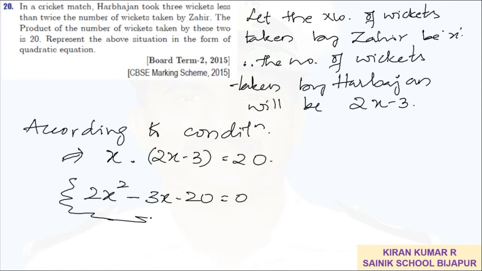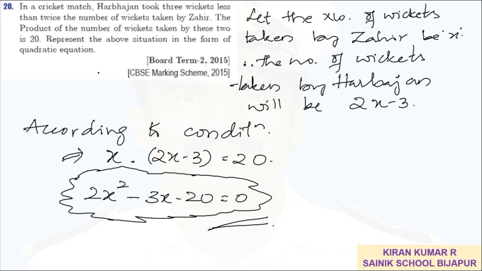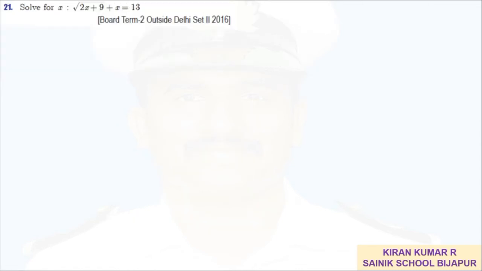To obtain the quadratic equation, we have to stop at this point. Further, if they ask to find the number of wickets, then you have to solve this equation either by splitting the middle term or by using the quadratic formula.